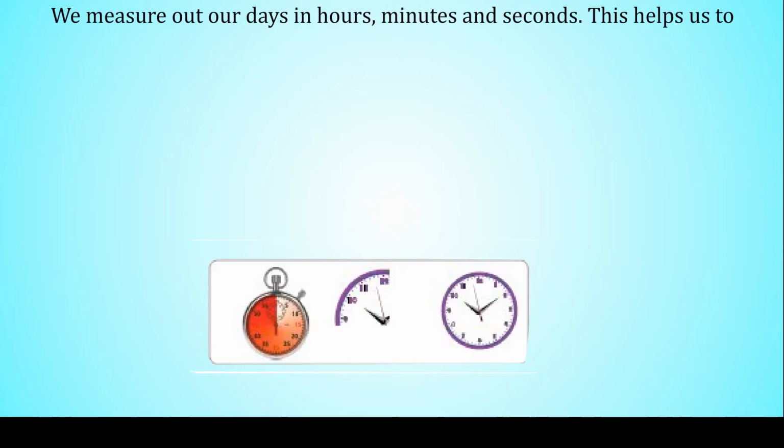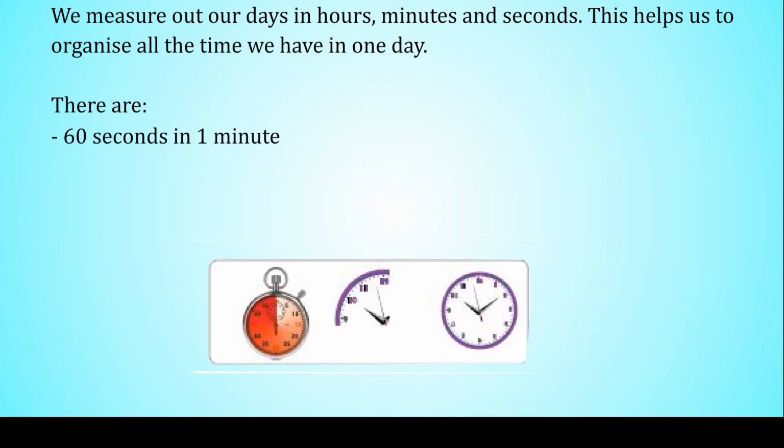Measuring time. We measure out our days in hours, minutes, and seconds. This helps us to organize all the time we have in 1 day. There are 60 seconds in 1 minute, 60 minutes in 1 hour, 24 hours in 1 day.